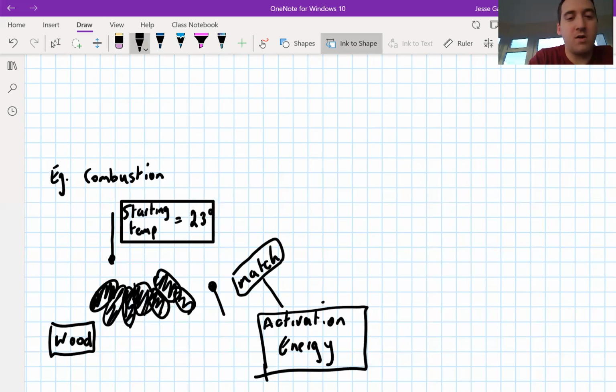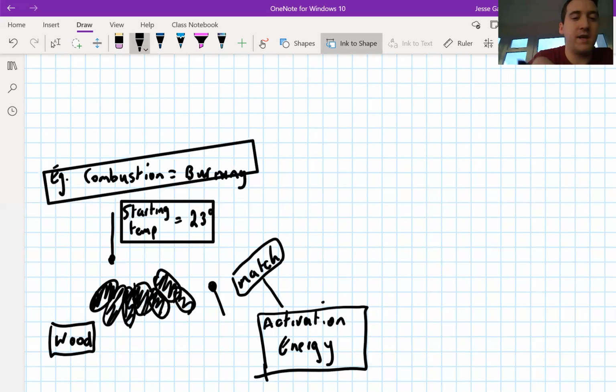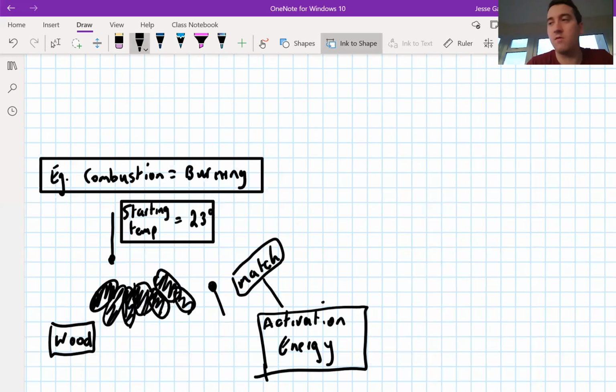Combustion just means burning. And we should be very familiar with that from our previous topics on organic chemistry when we looked at fuels. So combustion means to burn. So this is a combustion reaction.